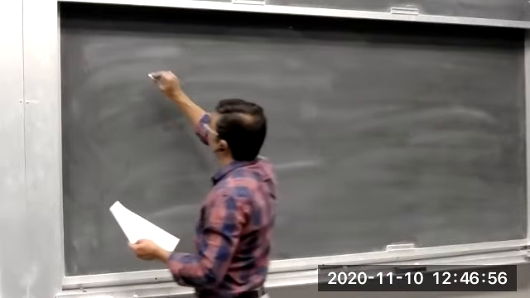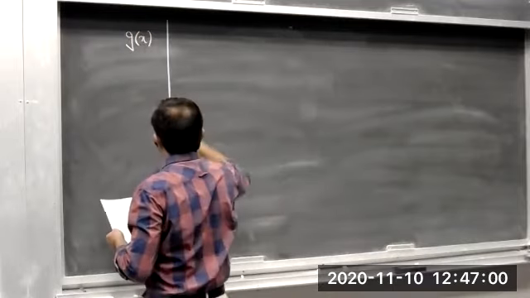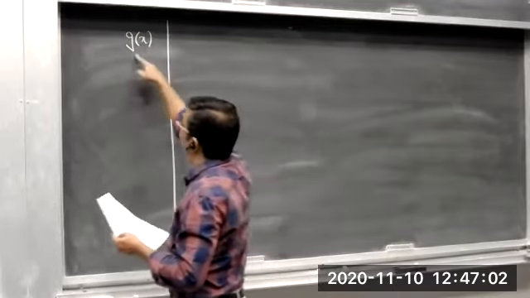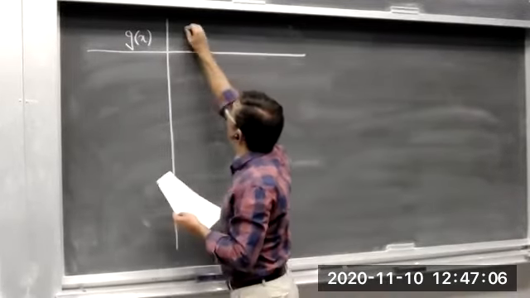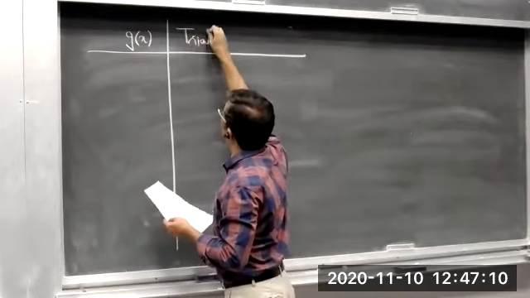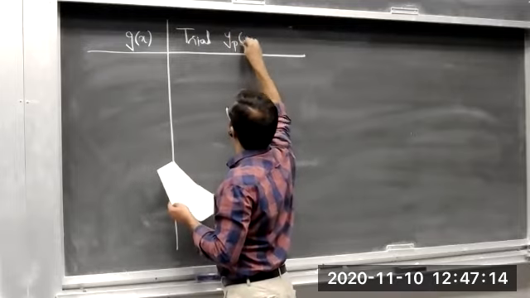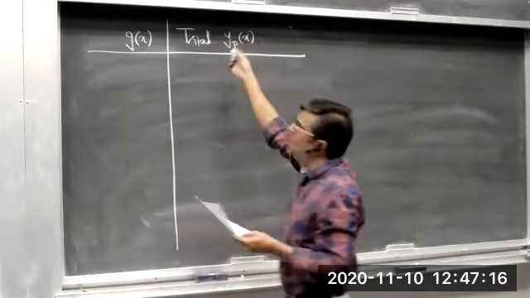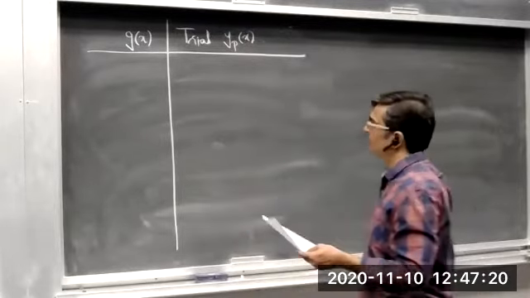In this table, on one side I have given g of x, the type of g of x, and on the other side I have given the trial yp of x. Trial yp of x means what we assume in a particular situation.